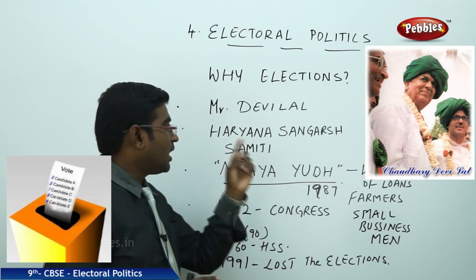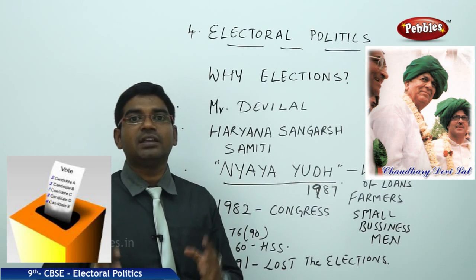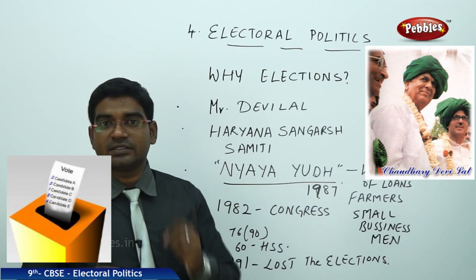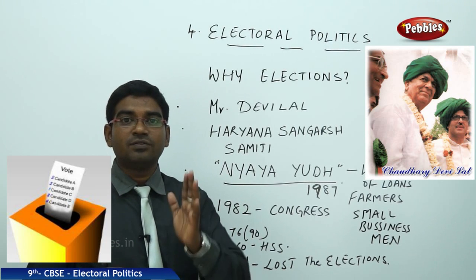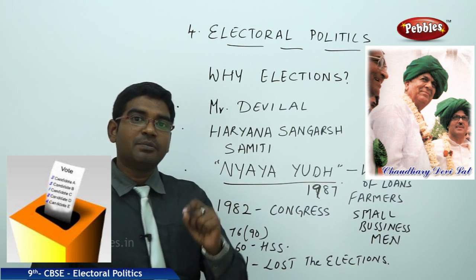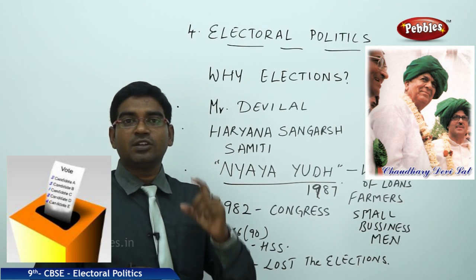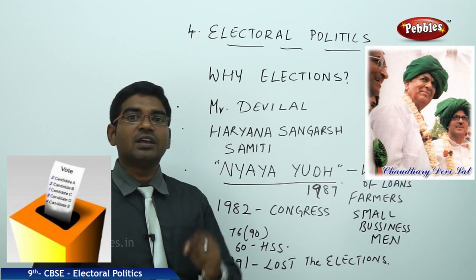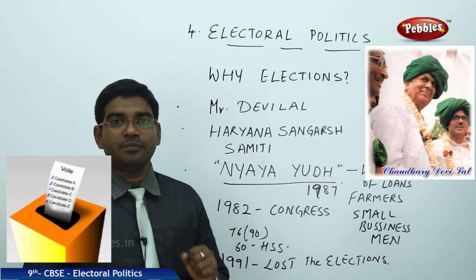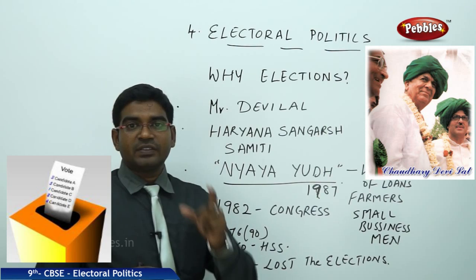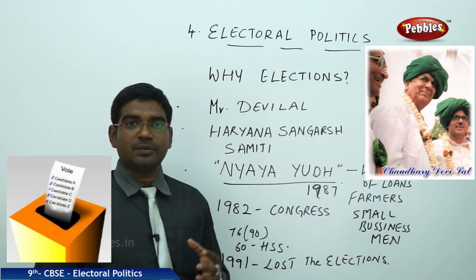The Haryana Sangharsh Samiti party alone won 60 seats, which is more than 50% of the seats. The minimum requirement in the assembly to form a government is 50% and above. For example, in Haryana there are 90 seats in the assembly.